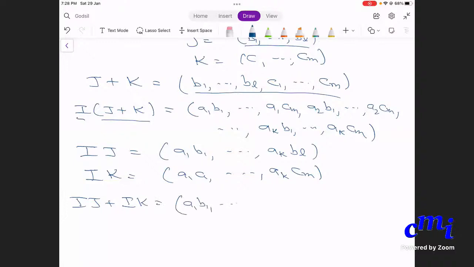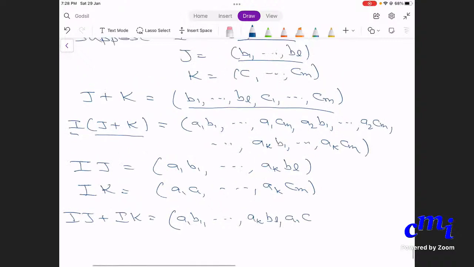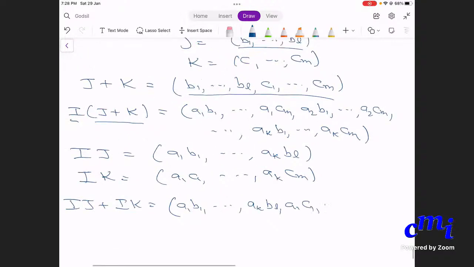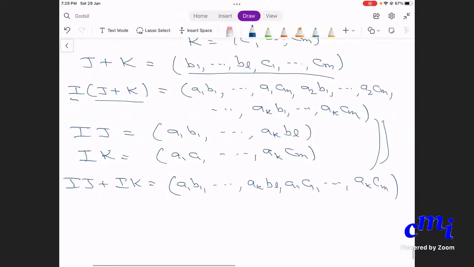That is a1 b1 up to ak bl and a1 c1 up to ak cm. And you can see that this and this are the same. Only the ordering of the terms is different. In both, you will have every ai multiplied with every b and every c. So I times (J plus K) is IJ plus IK. But this can be proved even independently, even from the definition of what IJ means, what IK means. You can also prove this independently. So another exercise.